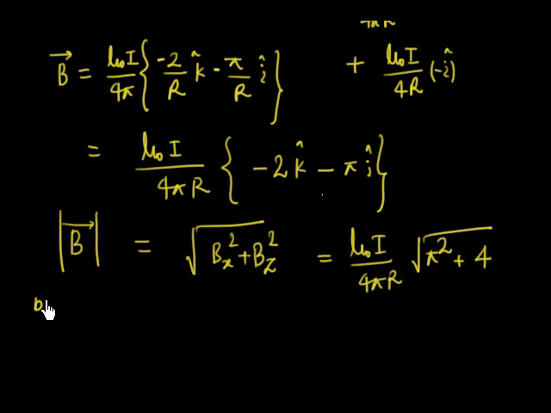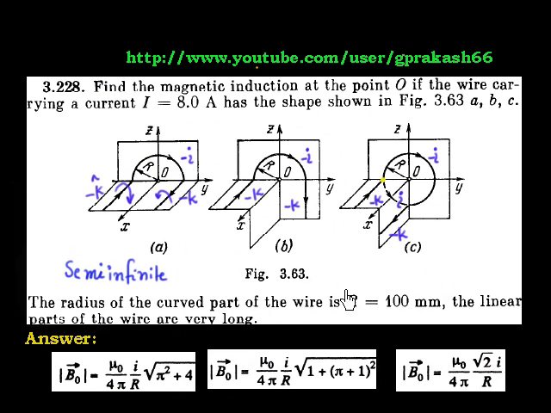Again I will convert this bar into 3 parts, and we can calculate B is equal to B1 plus B2 plus B3. So you see, this time due to this bar mu naught I by 4 pi r, but this direction is minus k. So let us call this bar number 1, this is bar number 2, this is bar number 3. Are you getting or not?